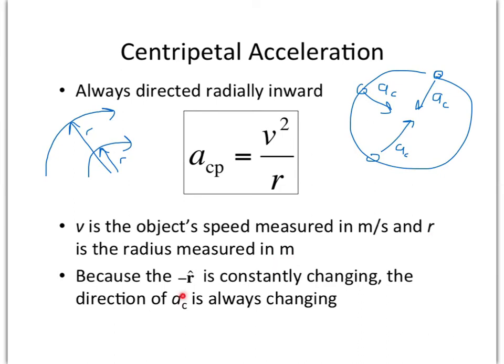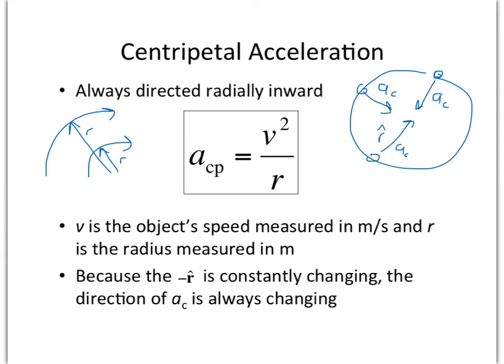So the direction of the centripetal acceleration is always going to be changing. Why is that? Because towards the center, you see this little hat right here? That's r hat. That is the radius direction. This centripetal acceleration is directed in the r hat direction.